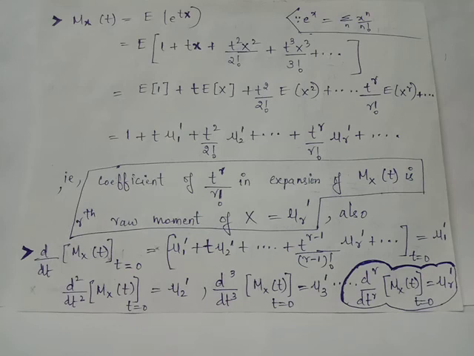If you take the third order differentiation of moment generating function and you give t equals 0, you will get the third raw moment about 0. In general, we have the differentiation of order r taken with respect to t over the moment generating function. After that, giving t equals 0 will definitely generate mu r dash, which is the rth raw moment of the random variable X about 0.